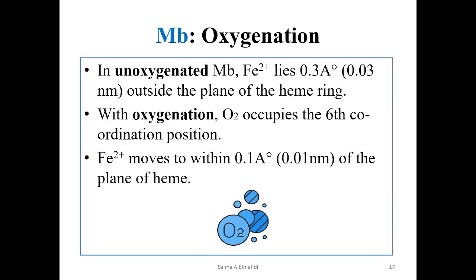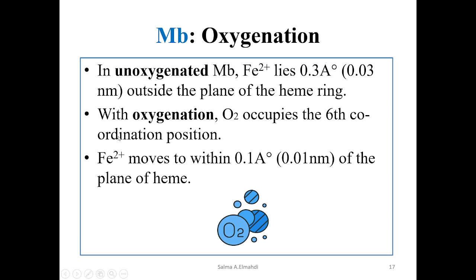So how is myoglobin oxygenated? In unoxygenated myoglobin, ferrous iron lies at a distance of 0.3 angstrom, that is 0.03 nanometer, outside the plane of the heme. With oxygenation, oxygen of course occupies the sixth coordination position, as we said.